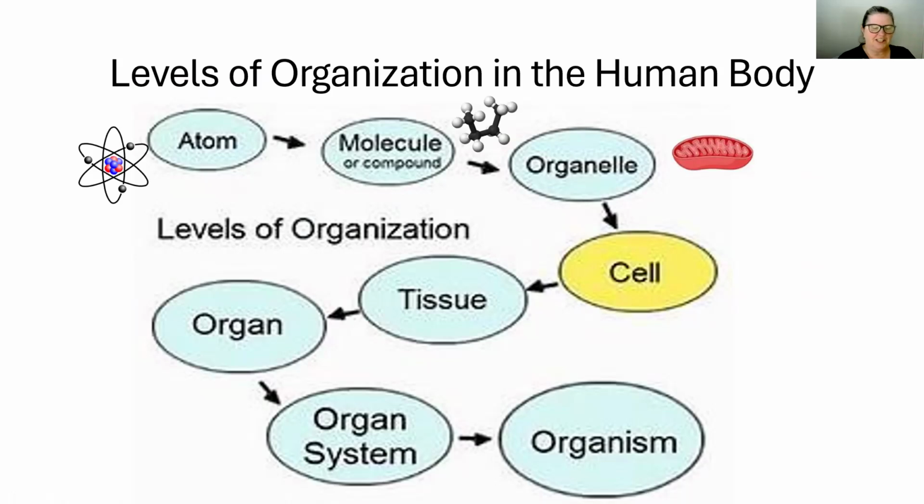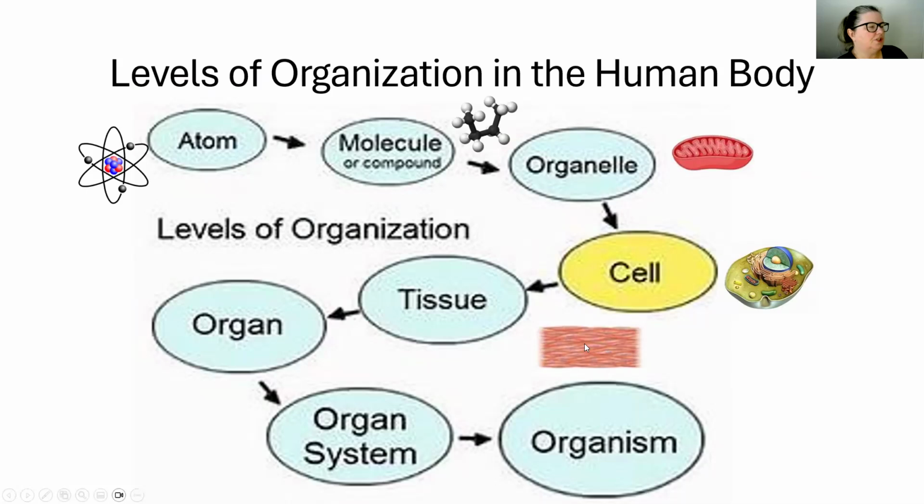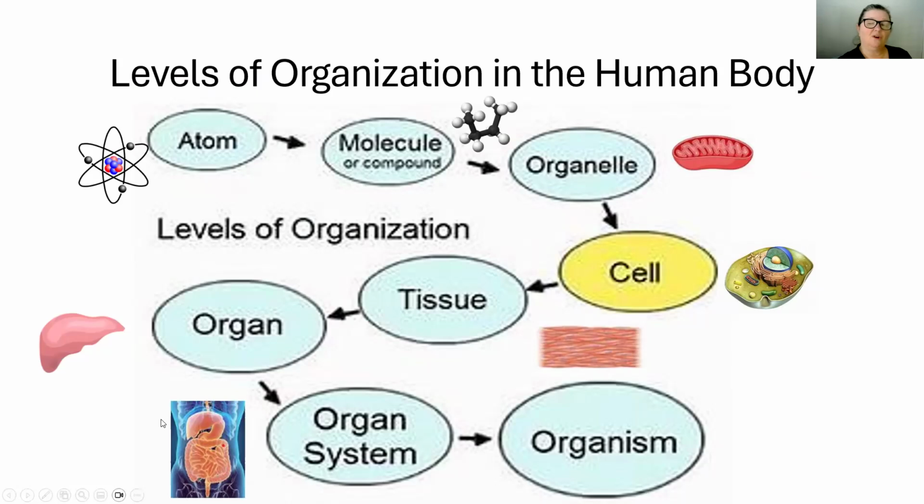The mitochondria and the lysosomes and all those good things. So, of course, then that means if you get a bunch of organelles together, you have a cell. Okay. Put a bunch of cells together, you will wind up with tissue, in this case, body tissue, not tissue used to wipe your nose with. Put a bunch of tissues together, you wind up with an organ. Put a bunch of organs together, you get a whole organ system. And if you put a whole bunch of organ systems together, guess what? You've got us, a human.